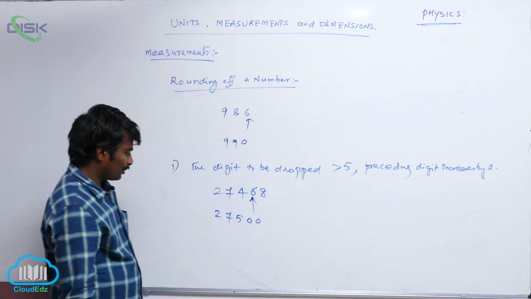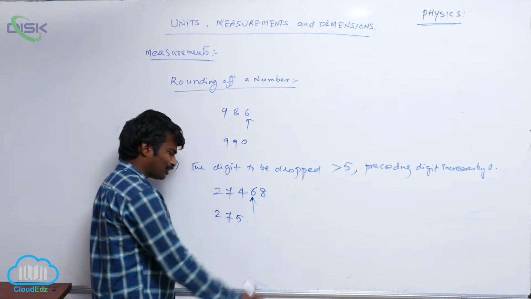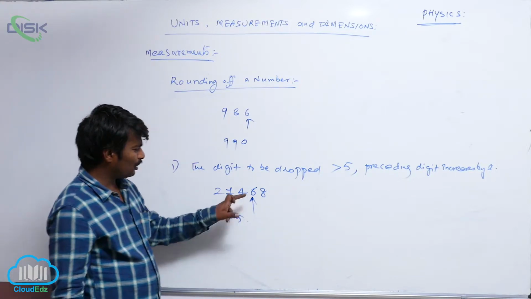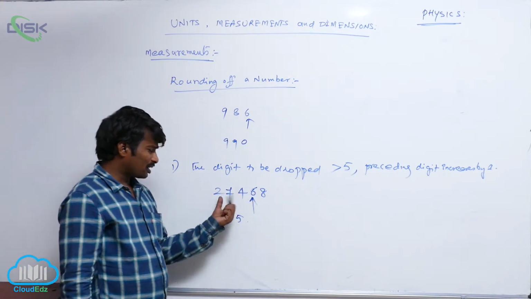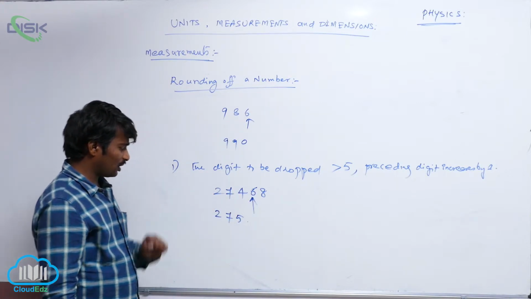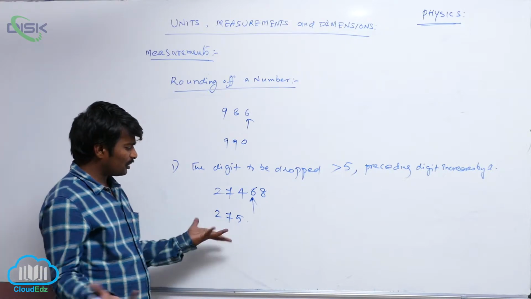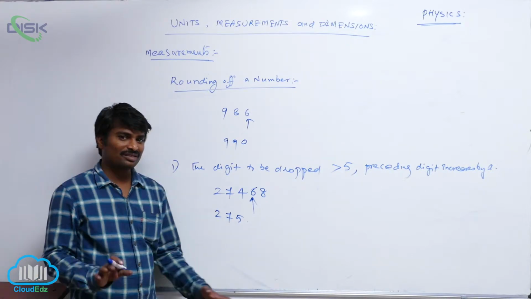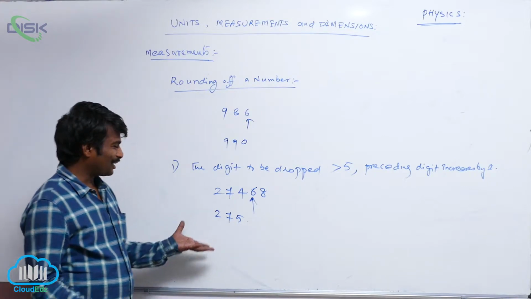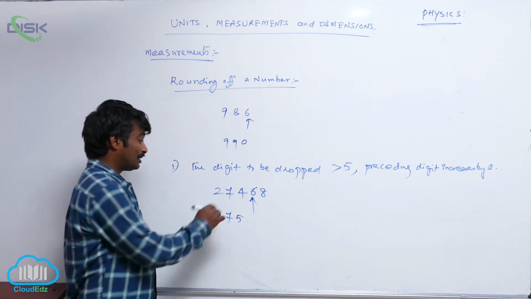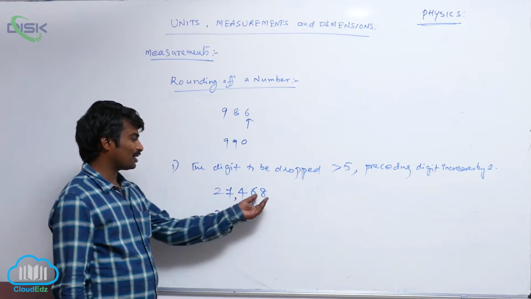Some students I have observed just write down this. Sorry, here 1 2 3 4 5, it has 5 significant figures. Now you asked me to round off to 3 significant figures, that means 275. That's all. As far as significant figures is concerned, your answer is correct, but the actual value changes. This is 27,468.